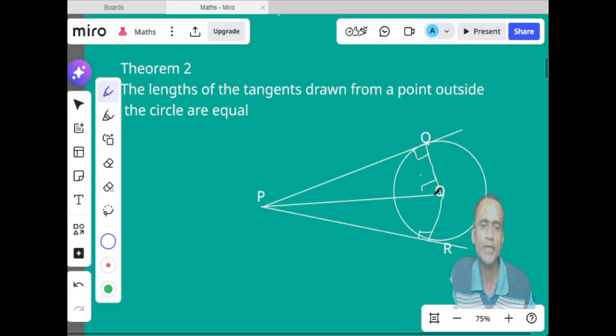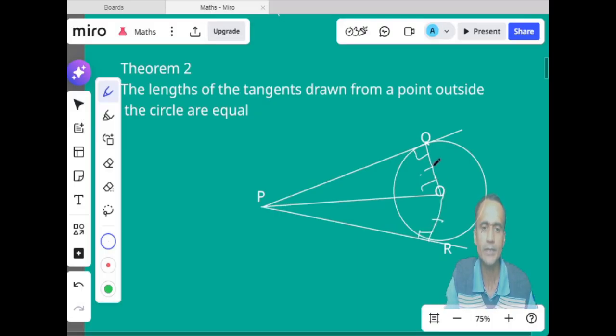So we know that the radius, the line drawn from the center to the point of contact of the tangent, is perpendicular. So this angle is 90 degrees. Similarly, OR is the radius and it touches the point of contact of the tangent, so it is perpendicular. So this angle is also 90 degrees.